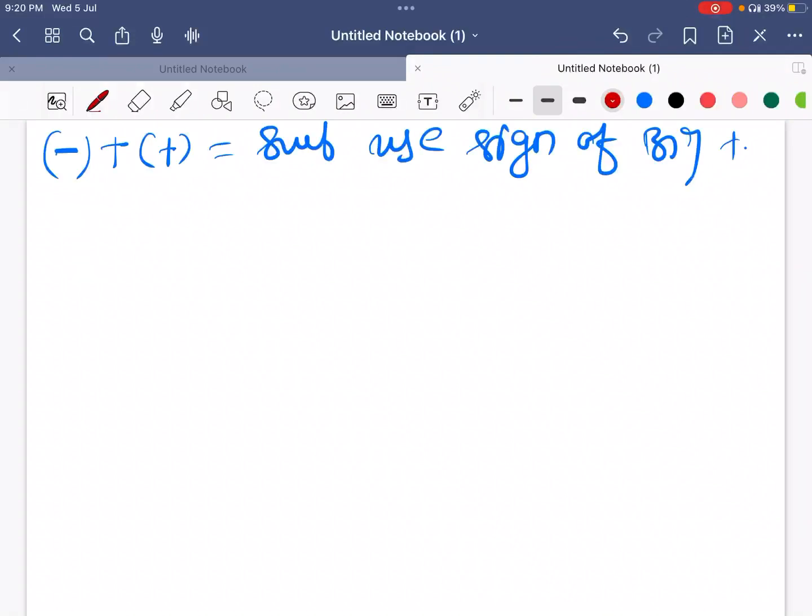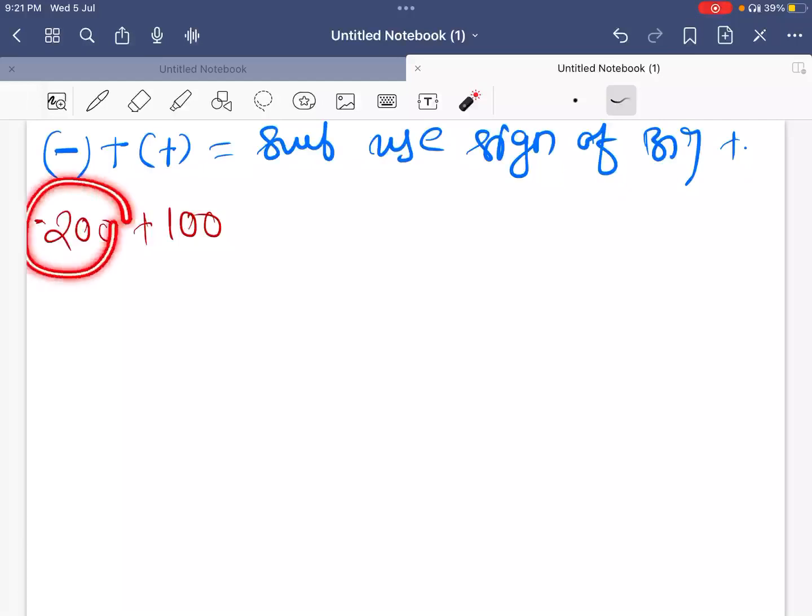Suppose the first is a negative term. So write minus 200 plus of 100. Minus 200 plus of 100 means here this is a negative term, this is a positive term. So what you have to do is take a subtraction of these two numbers.